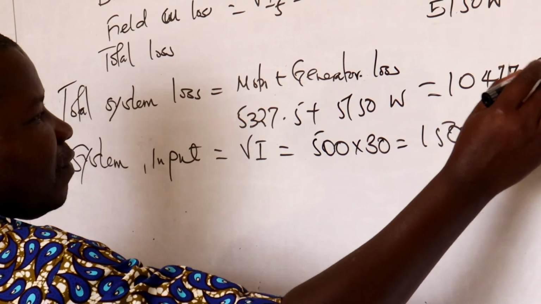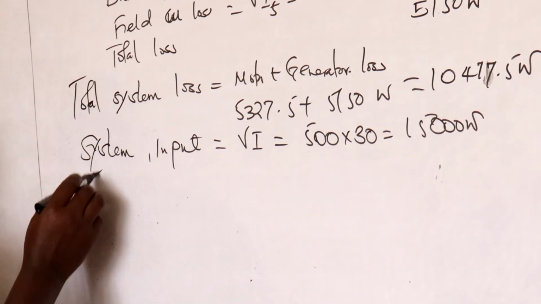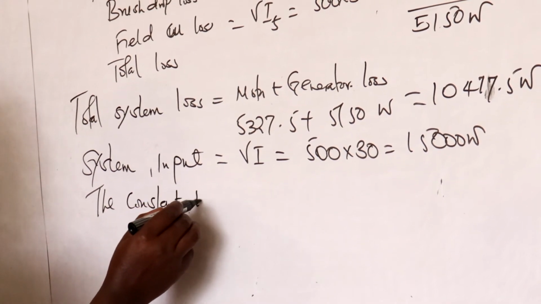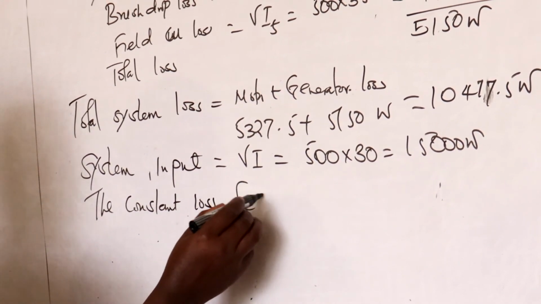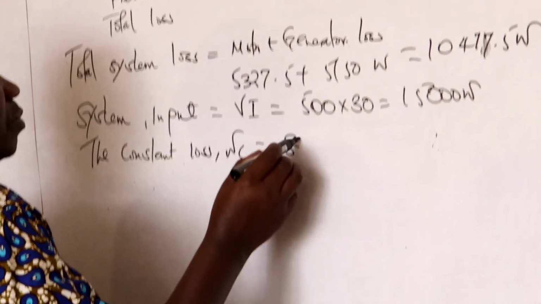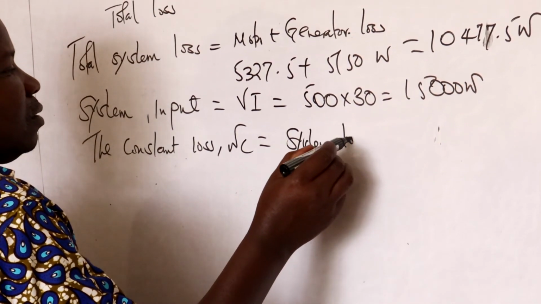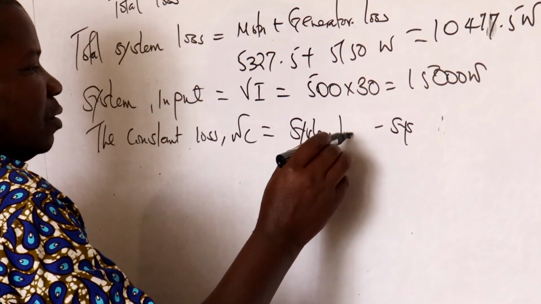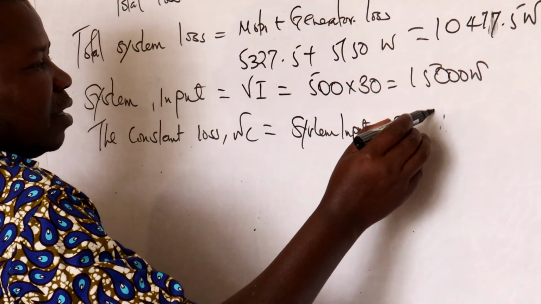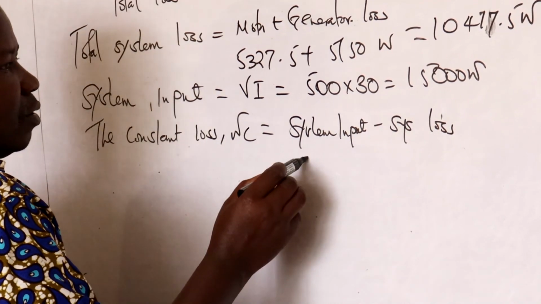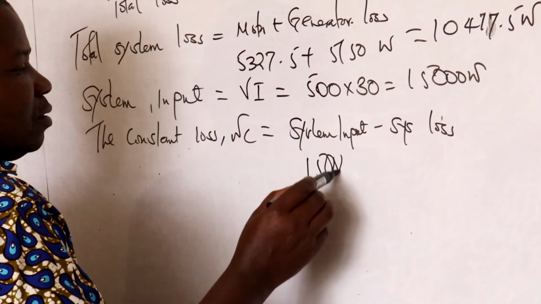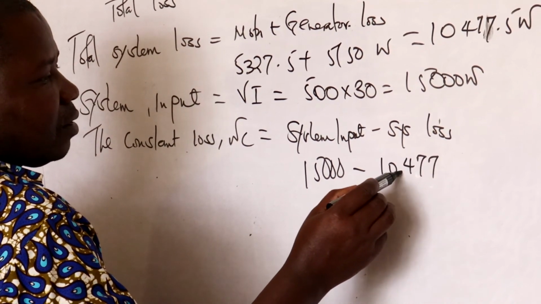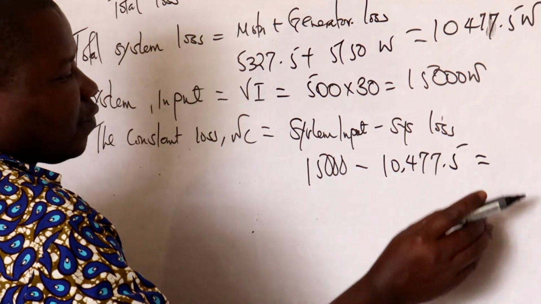So what is the constant loss? Constant loss W_C is the system input minus system loss. So 15,000 minus 10,477.5.